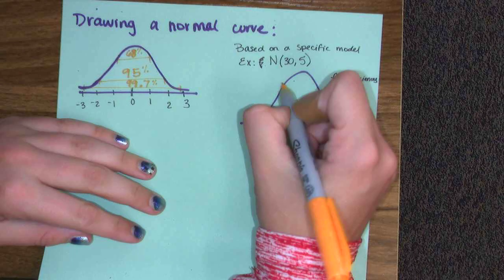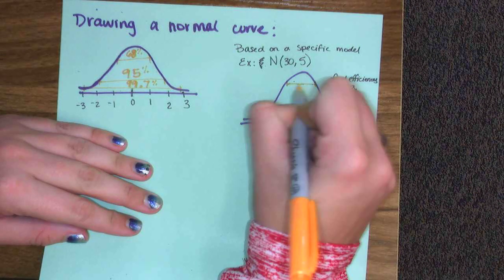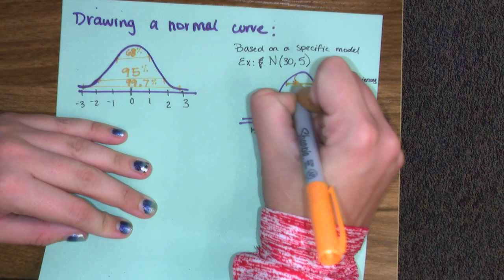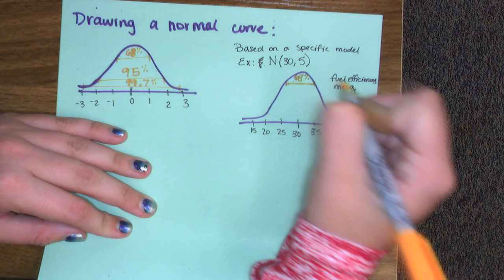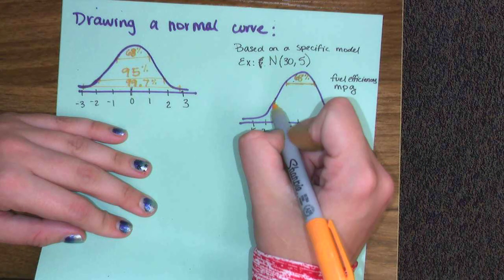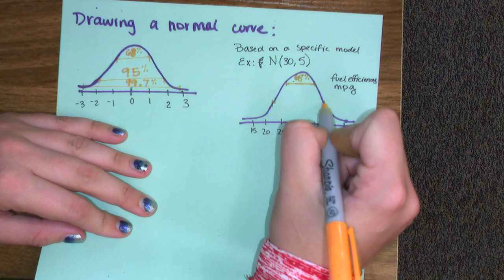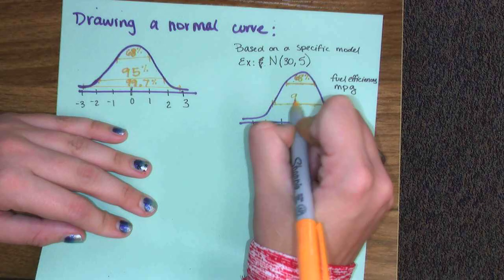So from 25 to 35, you have your 68%. From 20 to 40, you have 95%.